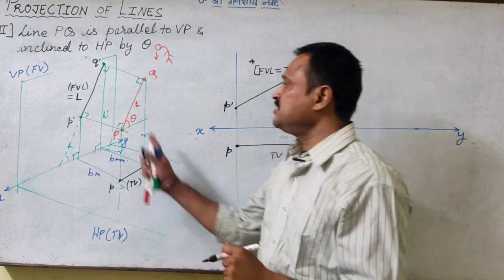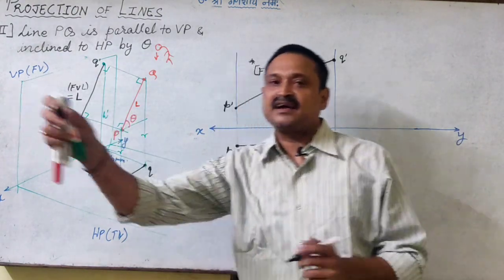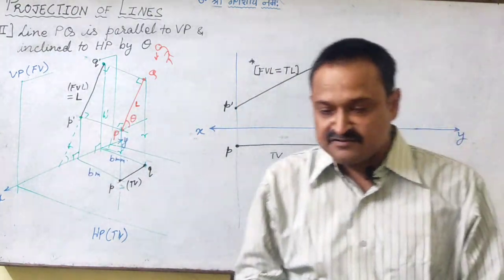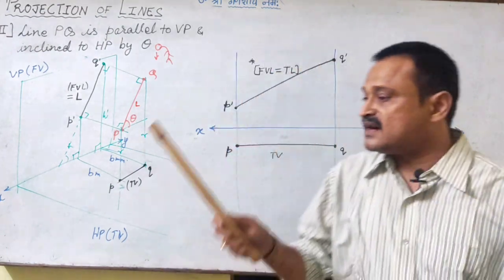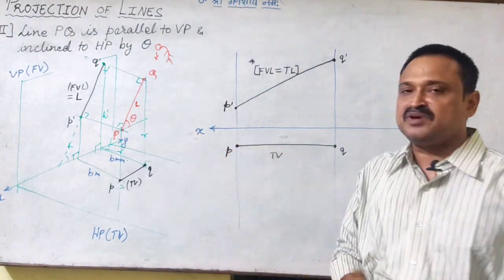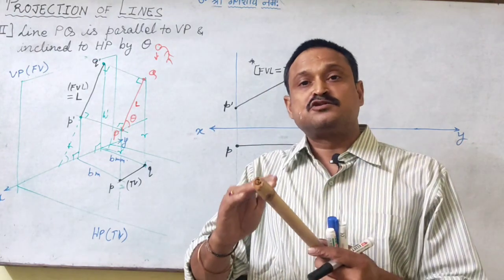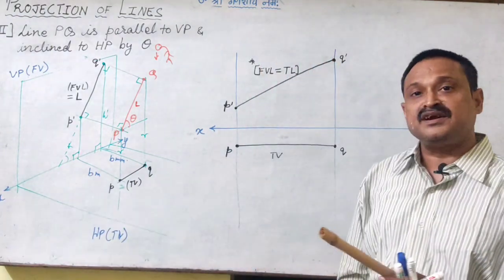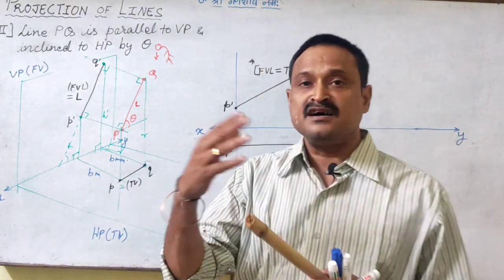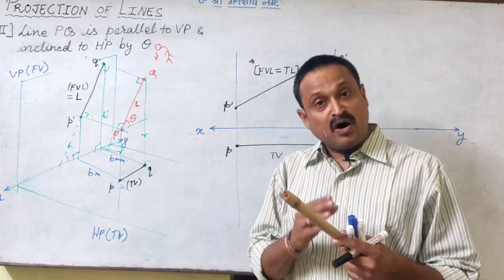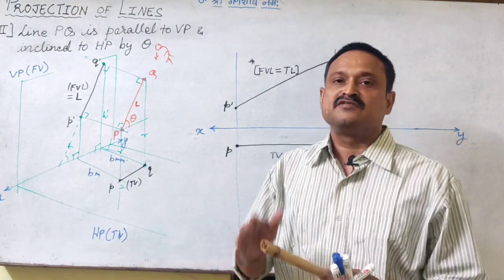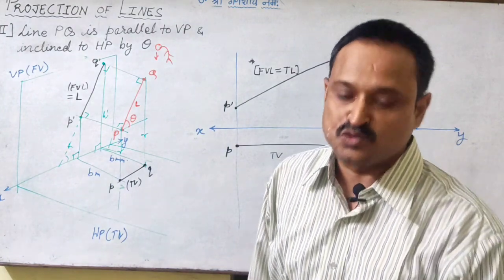And why has this happened? Because the line is parallel to VP. We have to keep this in mind: when a line is parallel to VP, the front view image will give the true length of the line, or the front view length will be equal to the true length of the line.